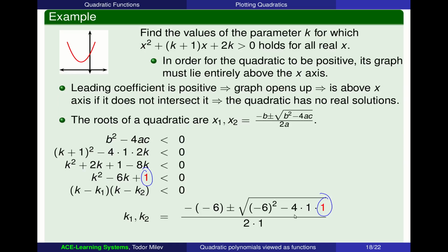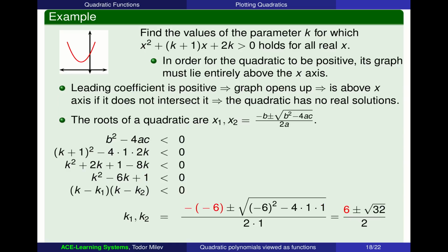By the way, notice that I didn't write A, B, and C here because I've already used the letters A, B, and C for a different quadratic, so I shouldn't be using them here. Okay, so there we go. We have our two solutions, k1 and k2.